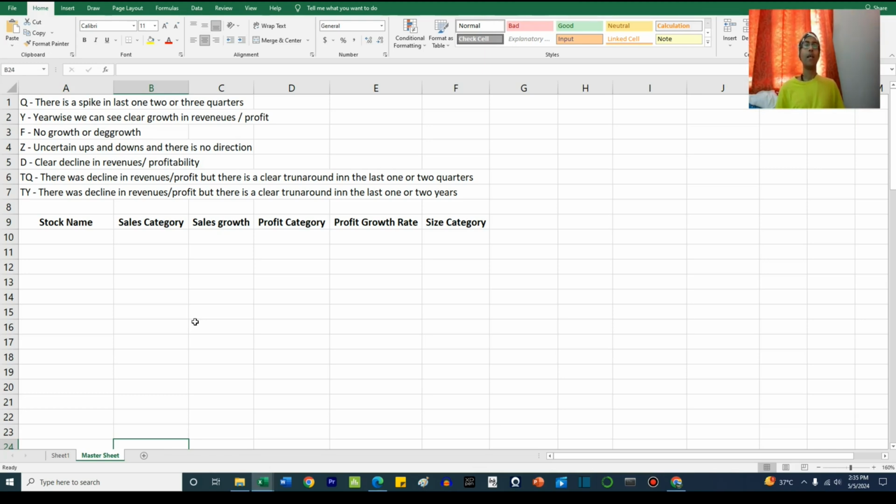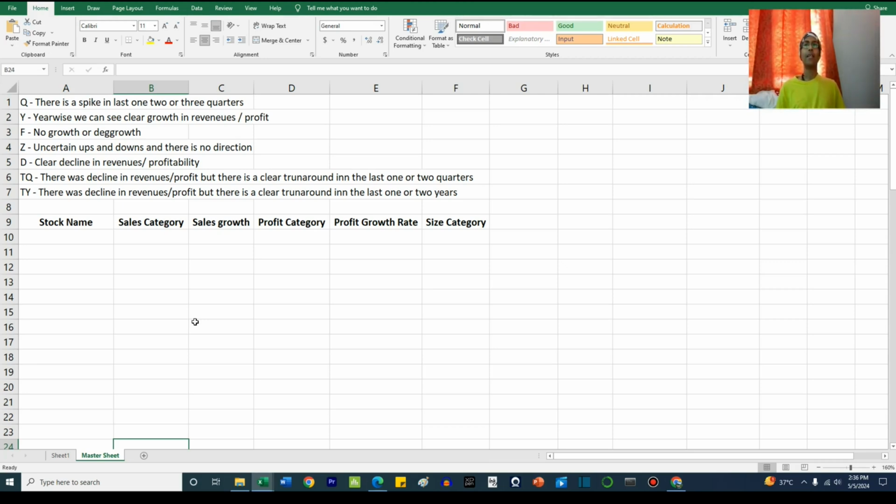For example, let's say the company for 7 or 8 years was doing revenues of about 300 crores to 500 crores. Right now, suddenly you can see a jump and they are doing 1,000 crores or 1,500 crores. I'm just taking an assumed example here. That kind of pattern is also found.